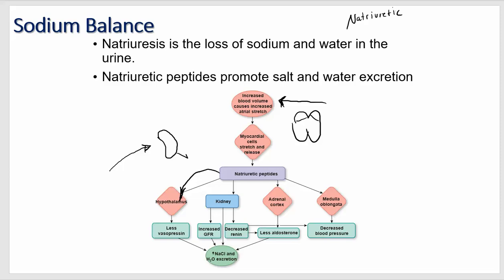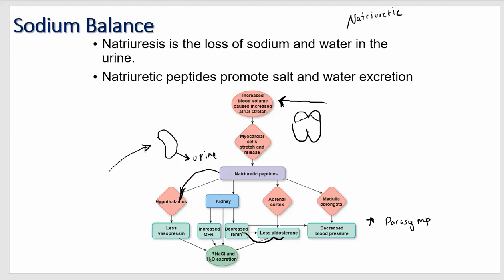It's also going to decrease the release of renin, which slows the whole renin-angiotensin-aldosterone system, and it's going to tell the medulla directly to decrease blood pressure, which increases the parasympathetic mechanism.